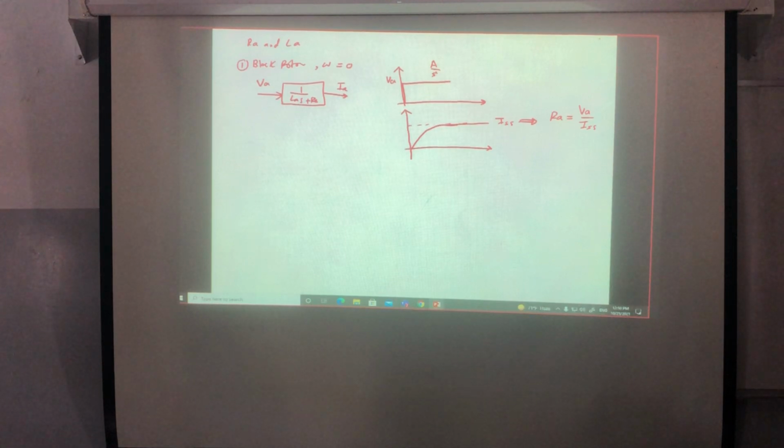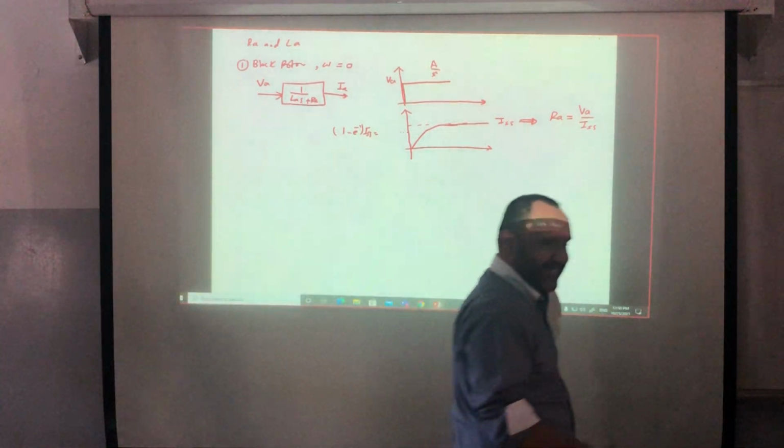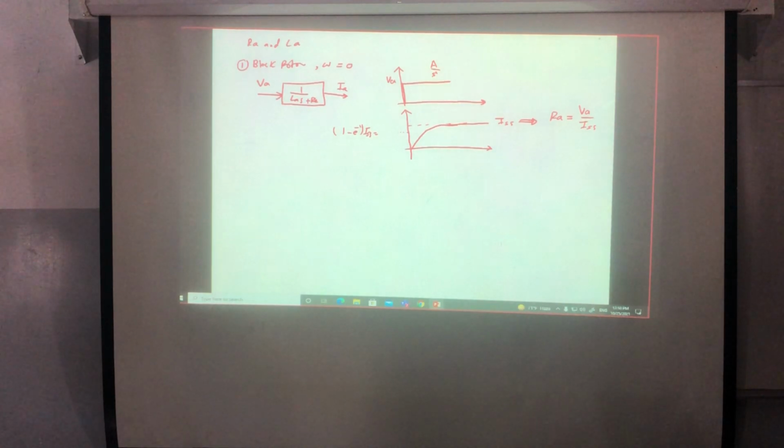Good. Now, how can I calculate LA? The tau. What's the definition of the tau? It's 1 minus exponential minus 1 of I steady state, which equals 0.632. That's why I all the time say 1 minus exponential minus 1. So this would be 0.632 I steady state.